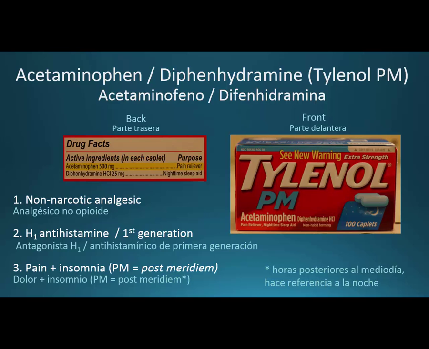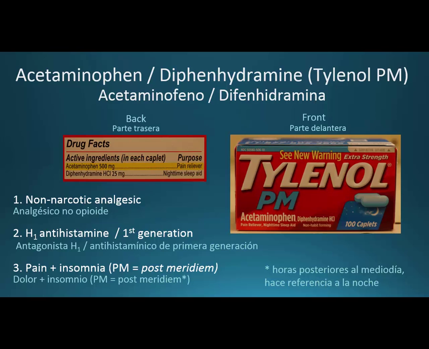And then we have an H1 antihistamine, first generation, so antagonista H1 con antihistamínico de primera generación. First generation antihistamine is sedating, it just reminds us of that. And then the pain plus insomnia, that's what it's for, so dolor y insomnio.